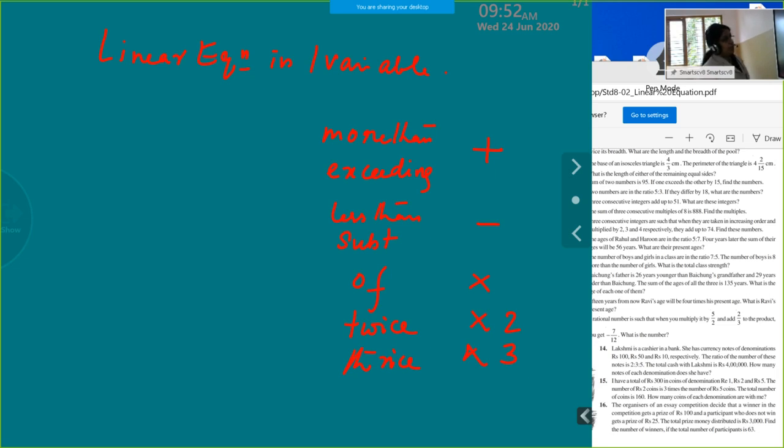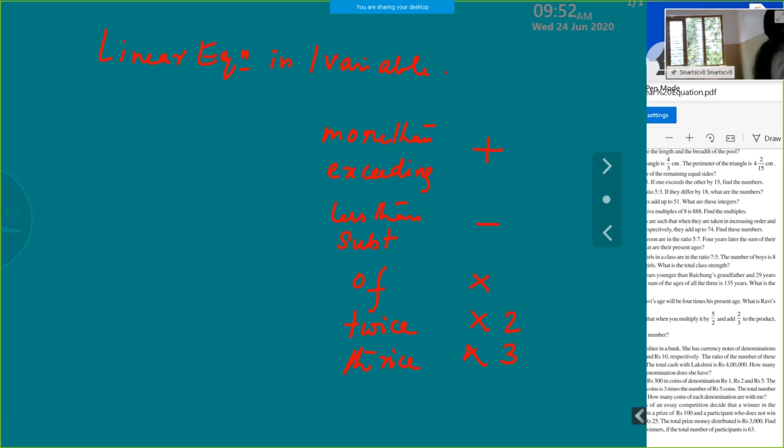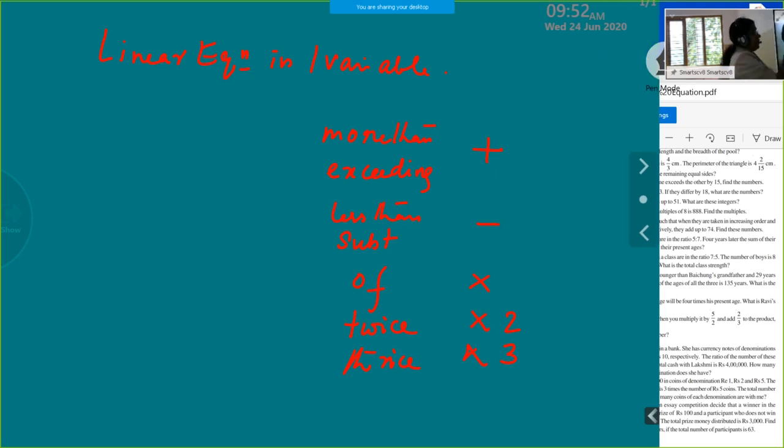So today we are going to learn some more word expressions. How do we translate them into algebraic expressions? Let me take an example of a word expression: consecutive integers.